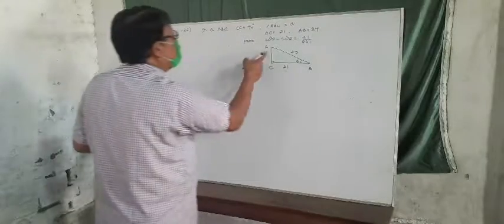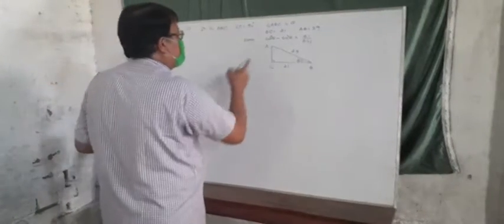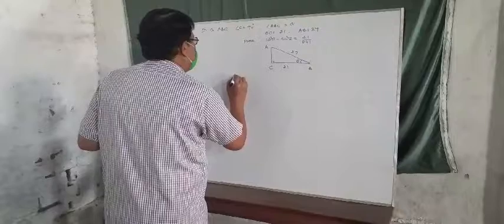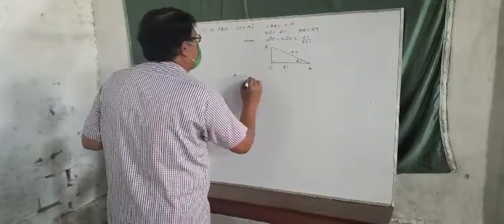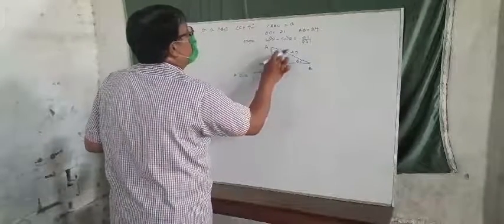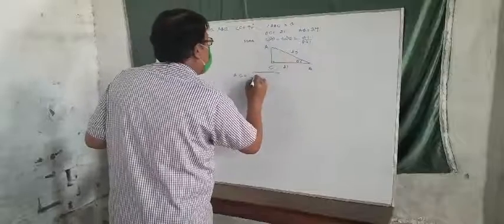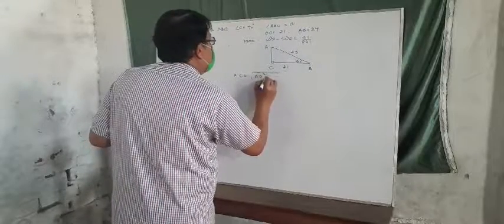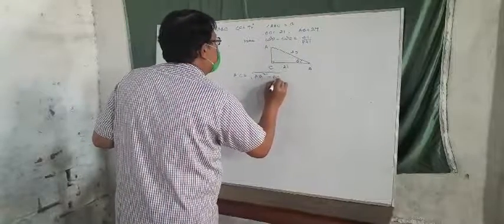Now we will find the value of AC. By Pythagoras theorem, AC equals under root, this is the hypotenuse, AB square minus BC square.